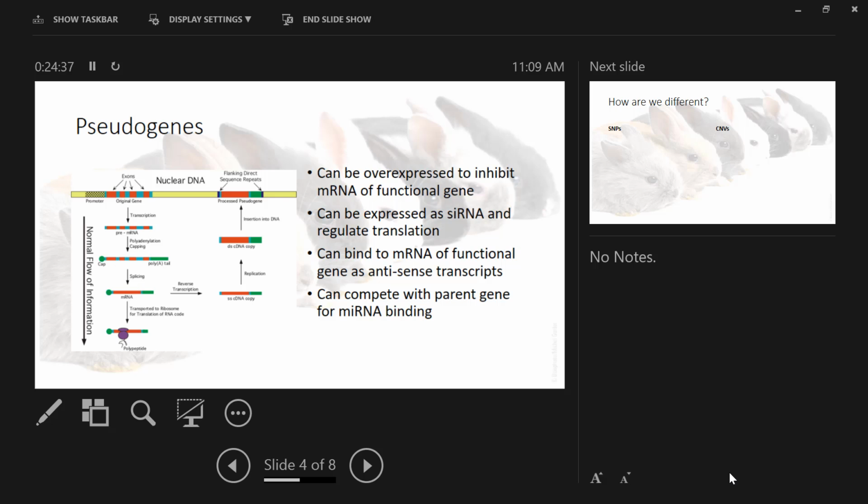And so if you've got this pseudogene that looks a lot like this parent gene, it can compete with that parent gene for these microRNAs that are going to increase the rate of transcription. But they're binding here, and increasing the rate of transcription that's never going to produce a protein product. Right?